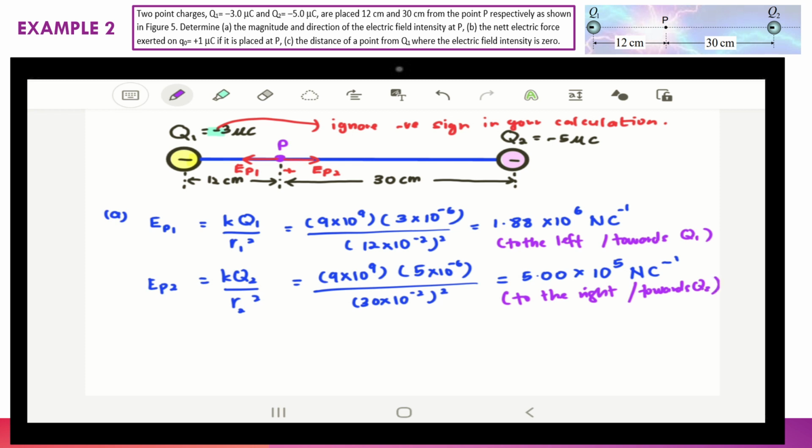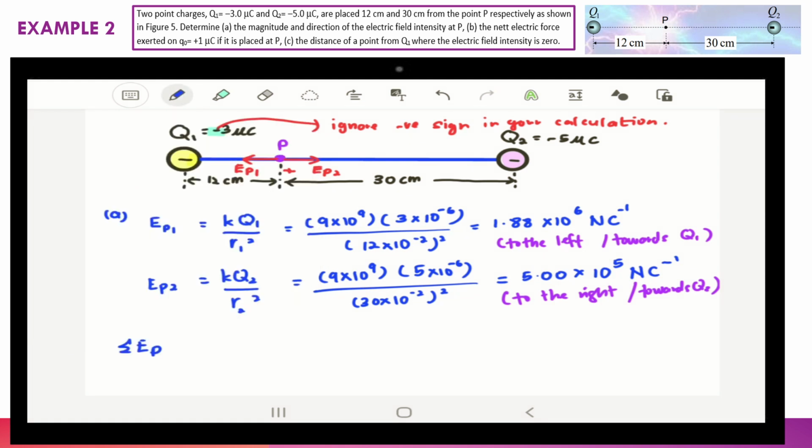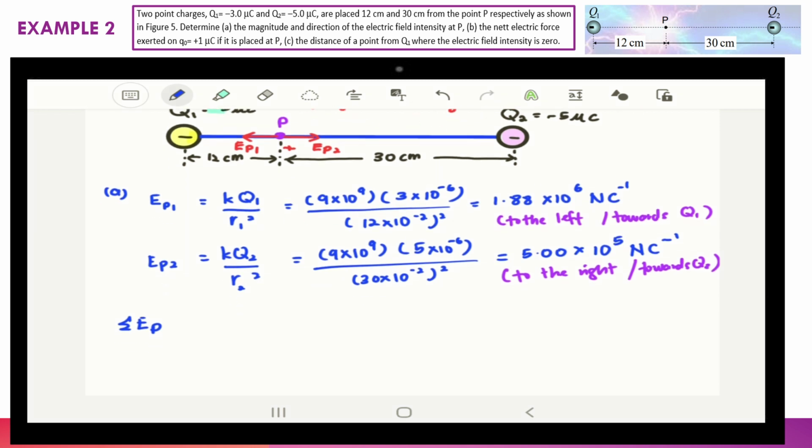Now we want to find the electric field intensity at point P, so we want to find the resultant electric field at point P, which means the total. If you can see, the direction for both electric field strengths is in the X direction, which is to the left and to the right. So we can just add the total. The electric field strength at point P is equal to EP1 plus EP2.